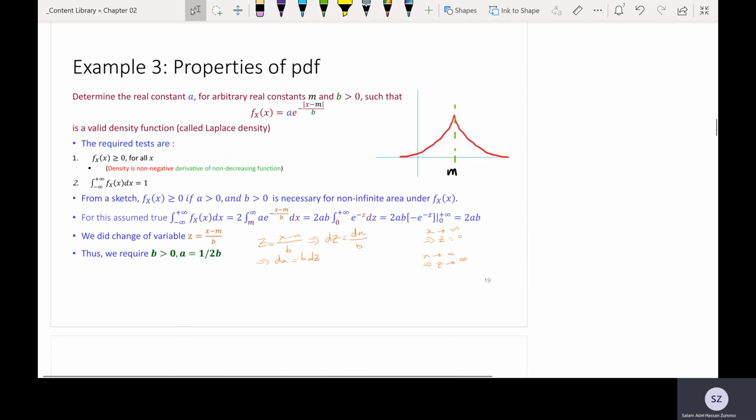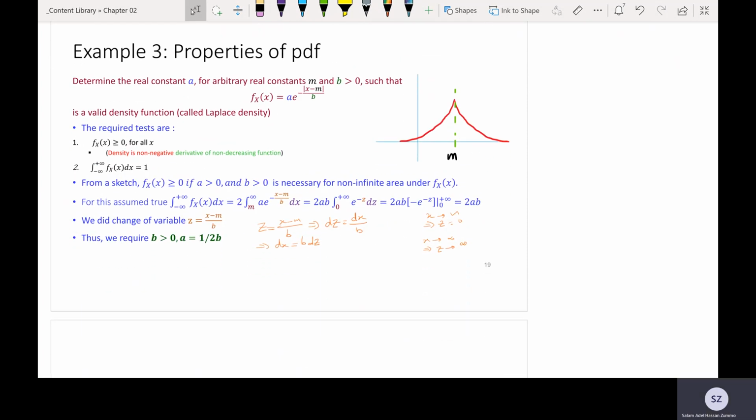Third example. Now this is about checking whether this is a valid PDF or not. We give you this PDF that looks like this. It's a two-way exponential, which is basically with an amplitude of e to the minus absolute x minus m.